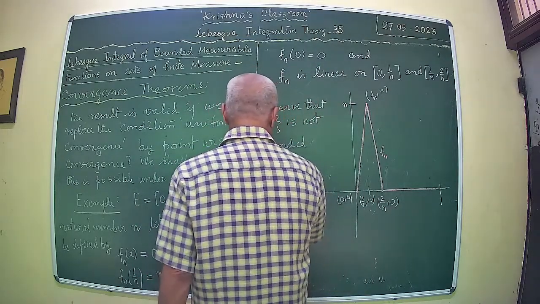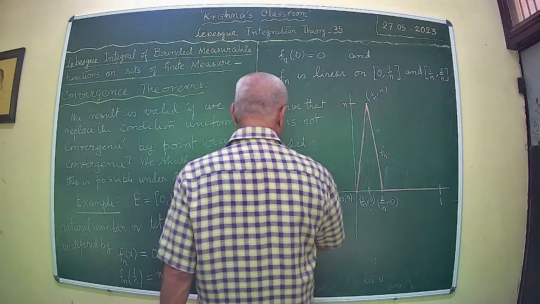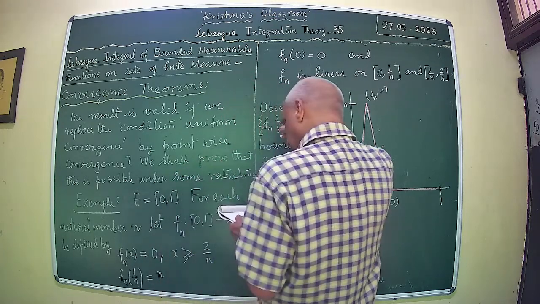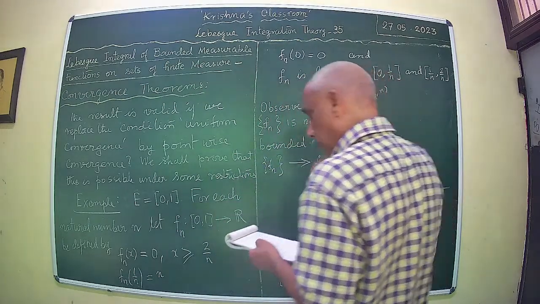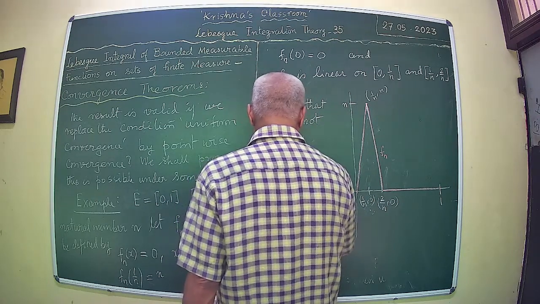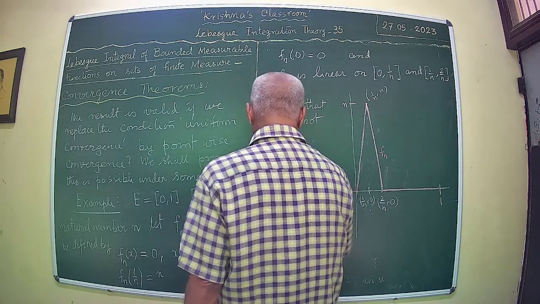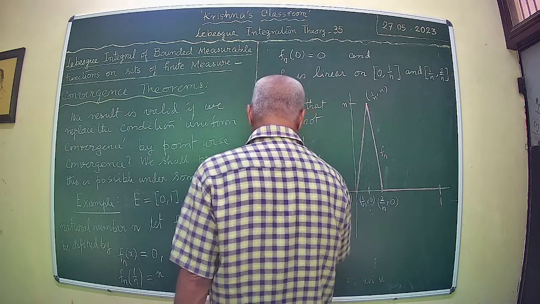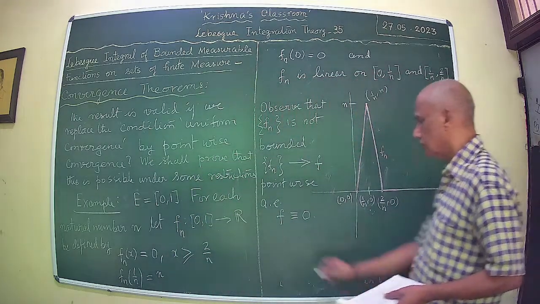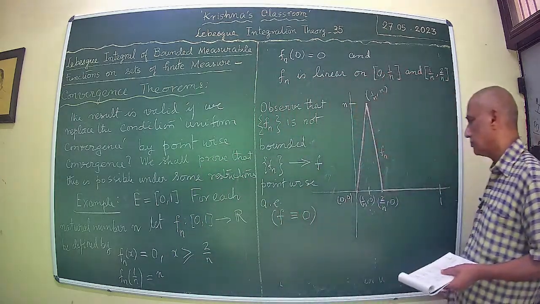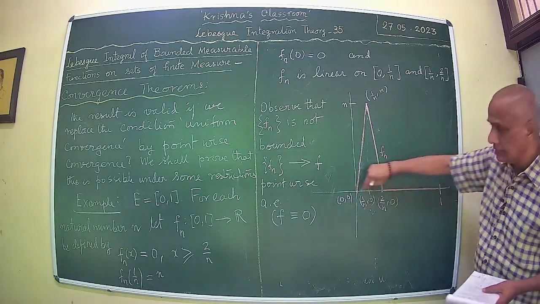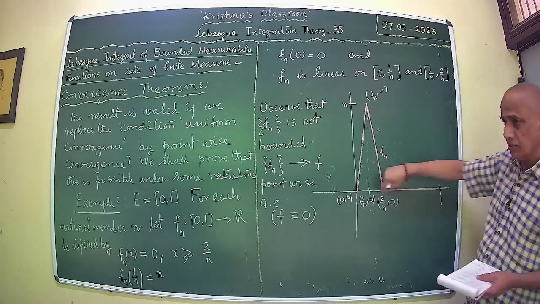Now Fn converges to F pointwise, almost every F taken as identically 0, because as n goes to infinity, you see that it starts becoming 0.